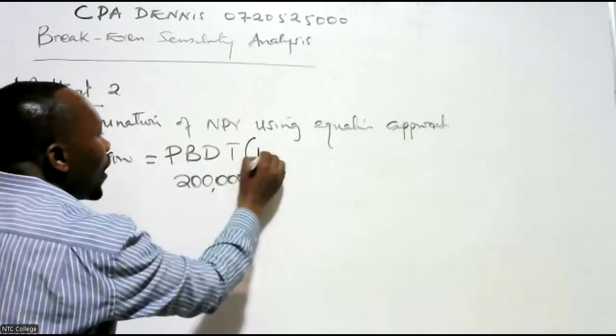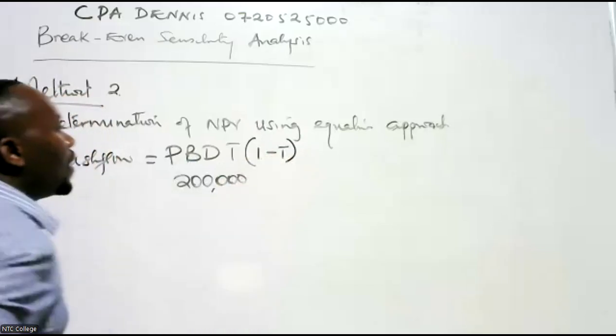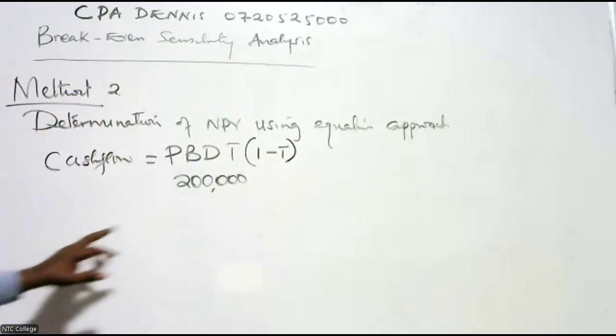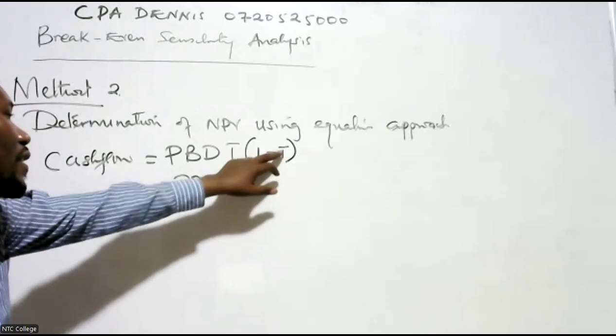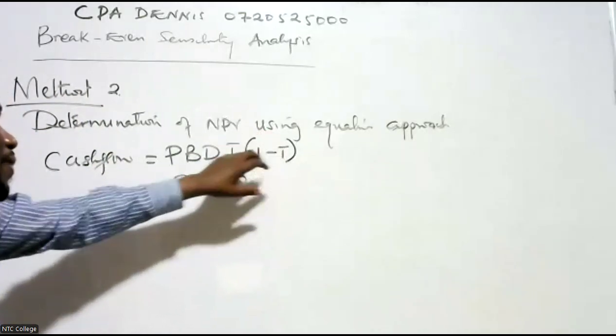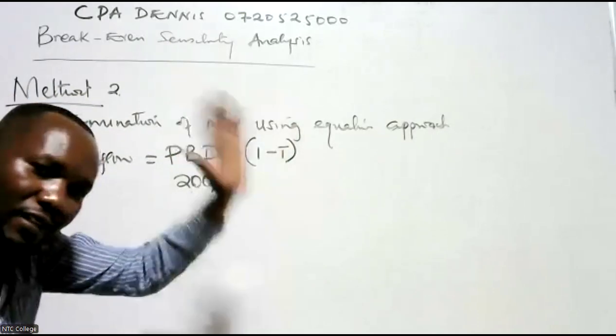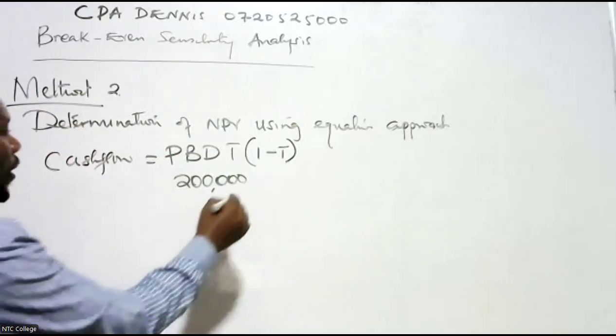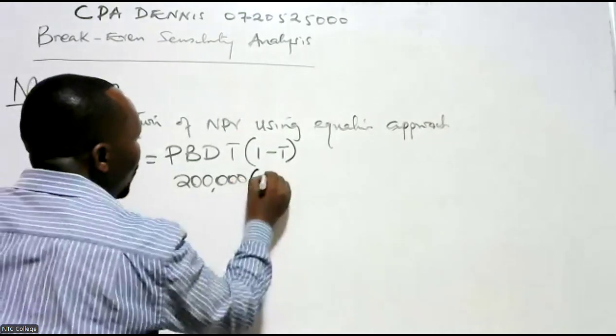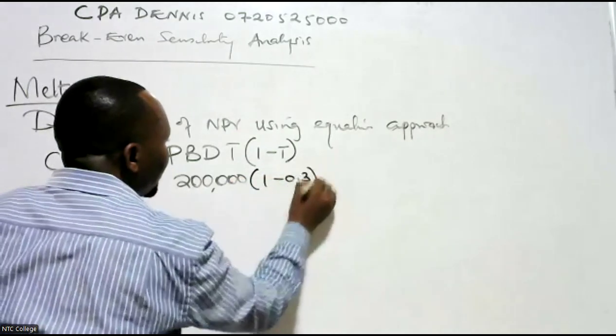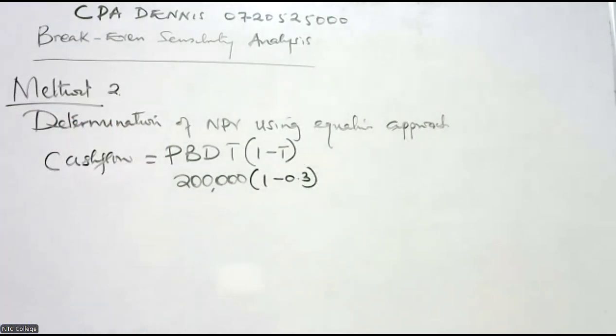So you take 1 minus t, meaning that we have removed tax. So we remain with 70%, since 1 minus t is 30%. That will be our portion, meaning that the whole of it has been taxed. So we have times 1 minus 0.3. I hope that we are together there.